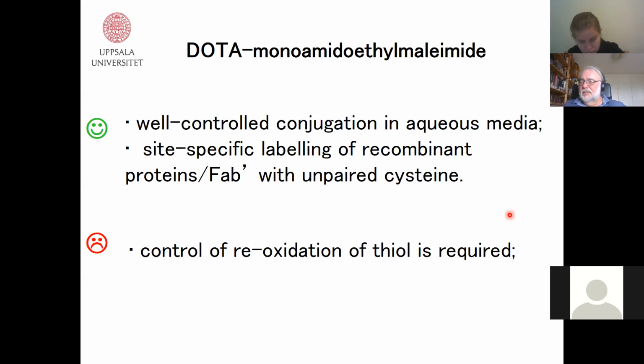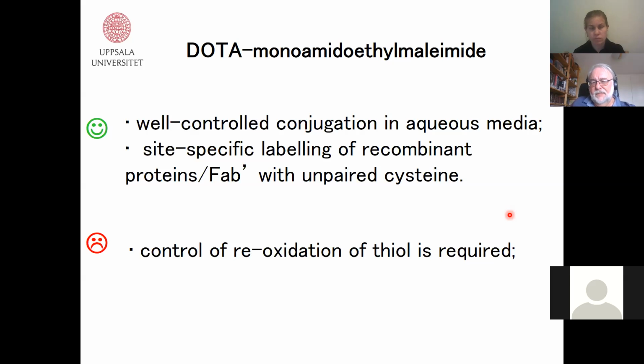So the structure of your targeting protein is always the same, which means that biodistribution is always the same. Well, the problem is, of course, the control over reoxidation of thiol, because normally, slowly but surely, SH groups will interact with each other, forming a disulfide bond.